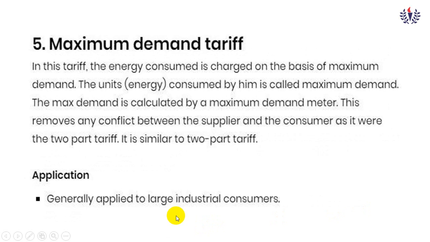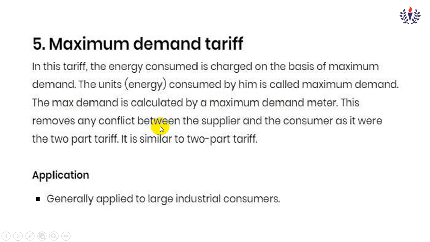Then the next one is the maximum demand tariff. In this also we are going to do the problem. What is it? In this tariff, the energy consumed is charged on the basis of the maximum demand. So what is the demand? It is the unit energy consumed by him, that is known as the maximum demand. The maximum demand is calculated by a maximum demand meter. So here we have to install a separate meter which is known as the maximum demand meter.